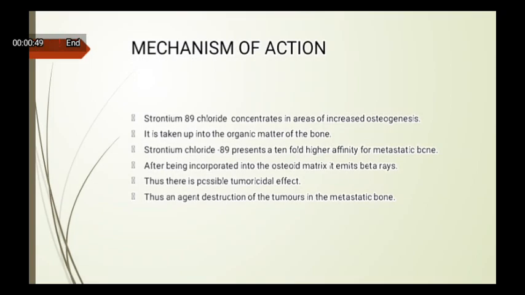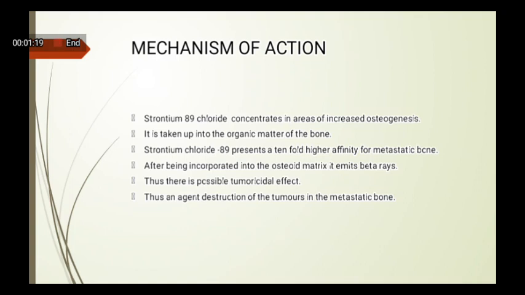The mechanism of action of strontium 89 chloride. Strontium 89 chloride concentrates in areas of increased osteogenesis. By osteogenesis, I'm simply saying areas of increased bone formation. It is taken up into the organic matter of the bone. I guess you all know from anatomy when we are talking about osteogenesis and when we are talking about organic matter.